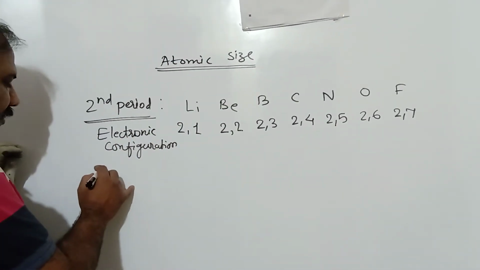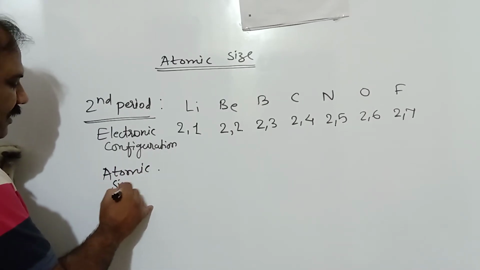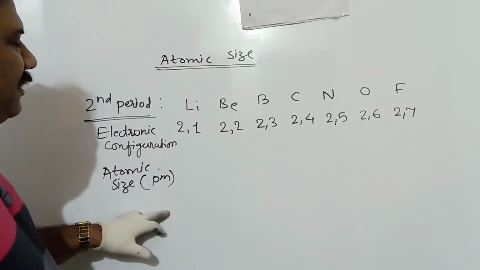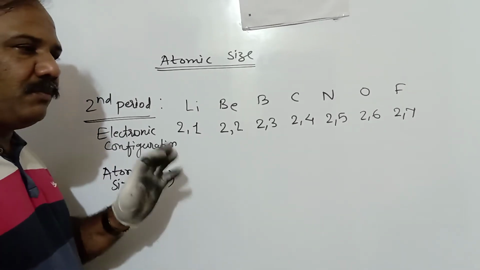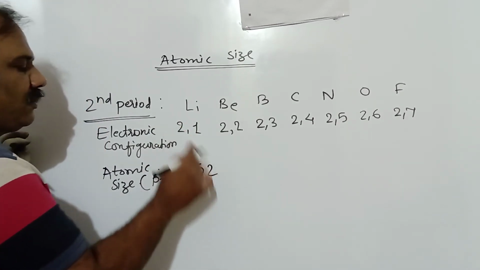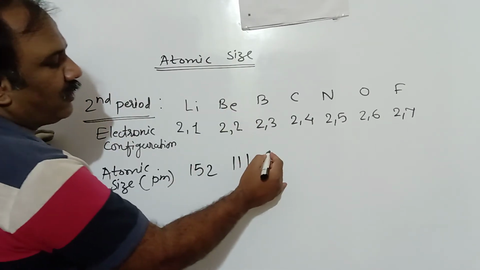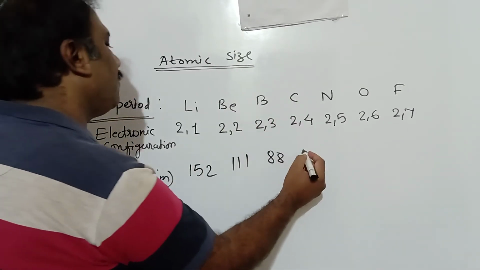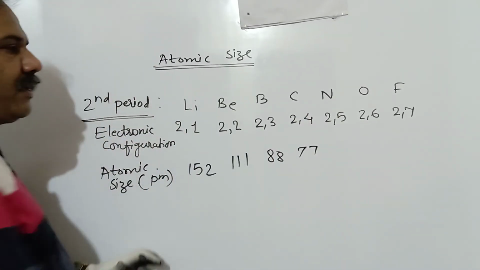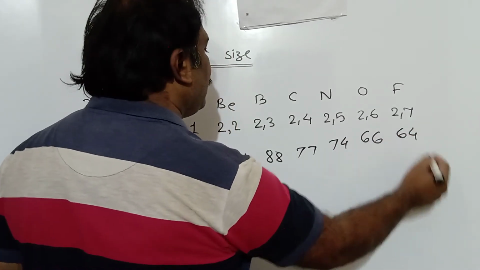Now atomic size in picometer. So we are measuring atomic size in picometer. The atomic size of lithium is 152. Then the atomic size of beryllium is 111. Atomic size of boron is 88. Atomic size of carbon is 77. Then nitrogen is 74, oxygen 66 and fluorine 64.